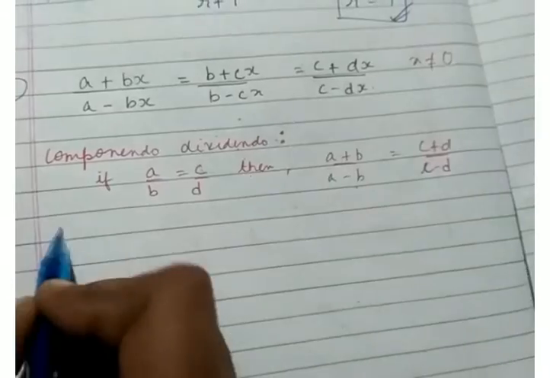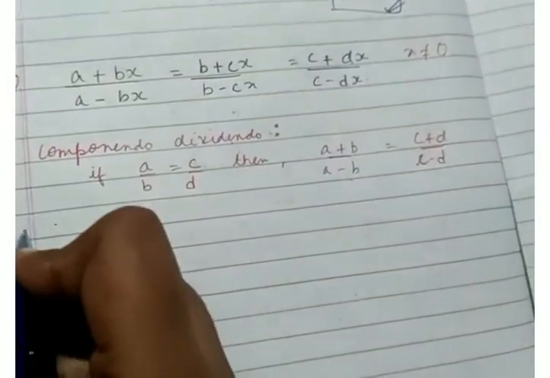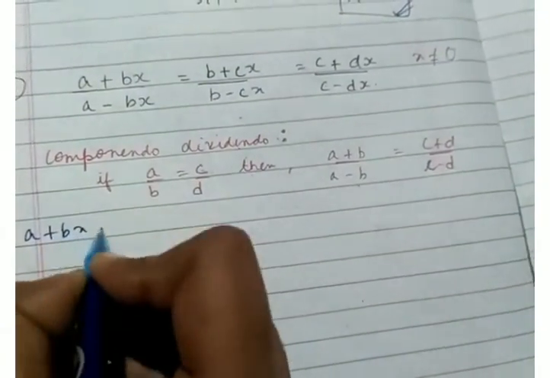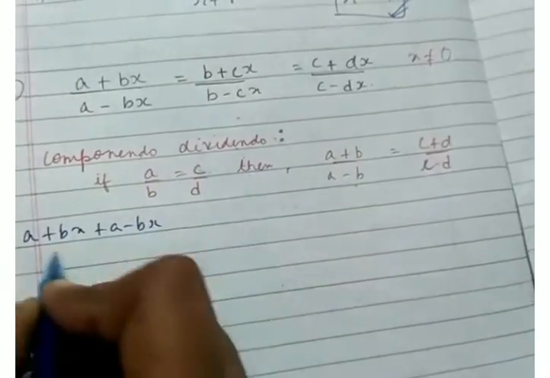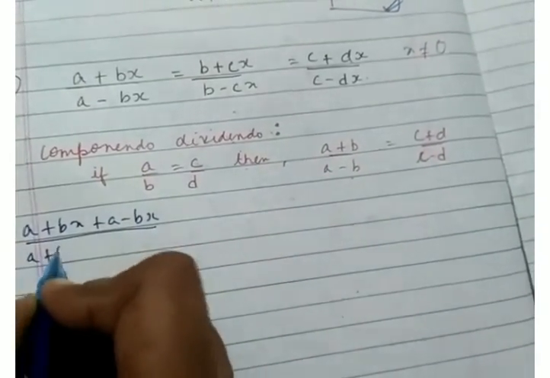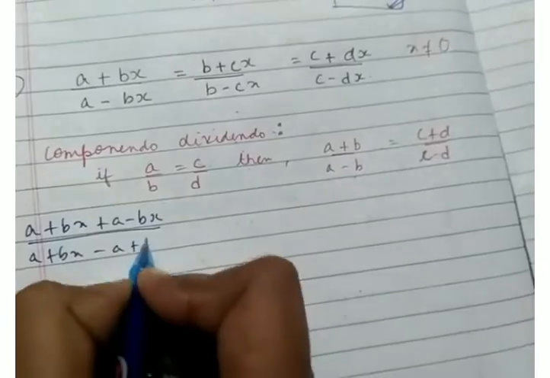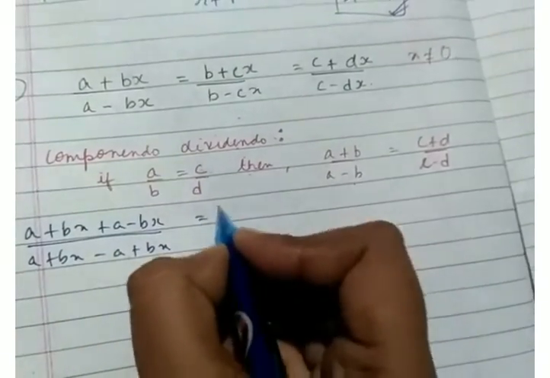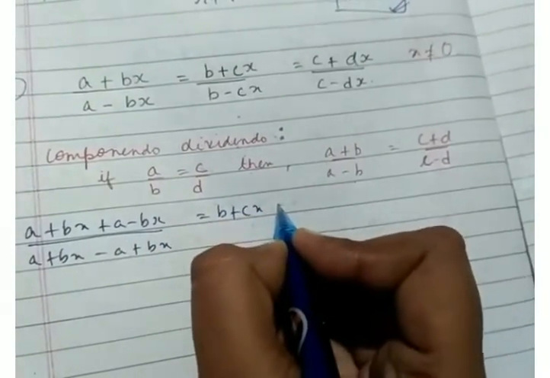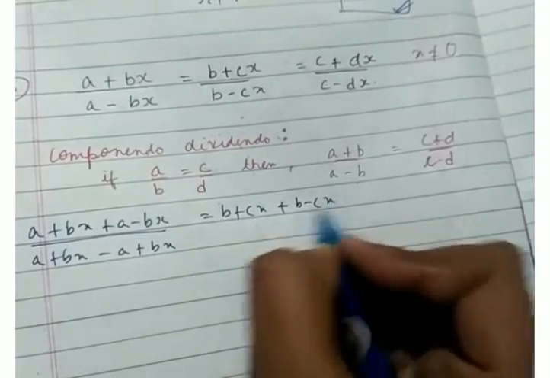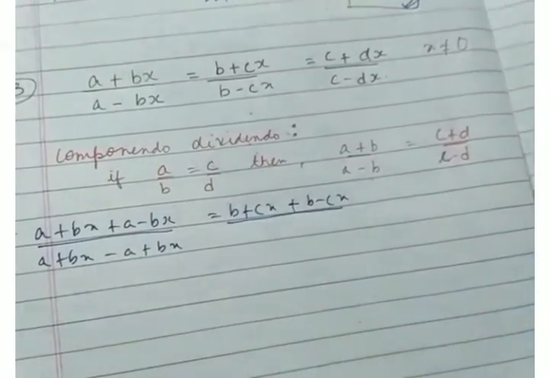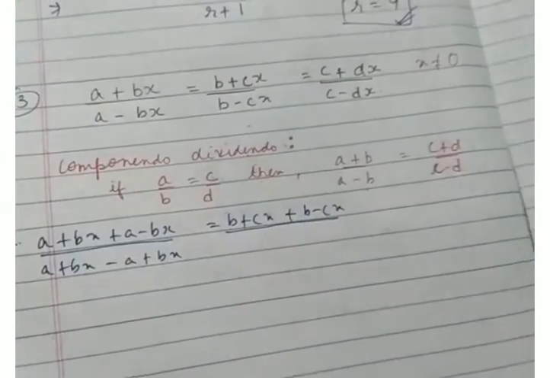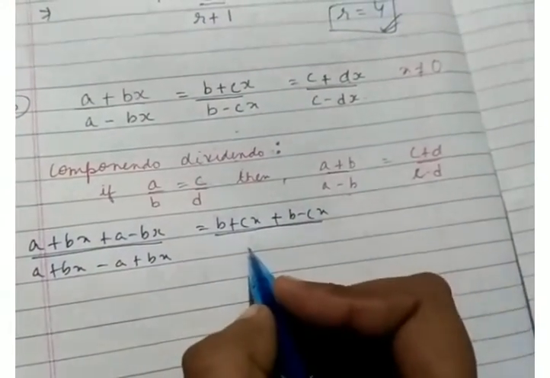So first step, applying componendo and dividendo, we have a plus bx plus a minus bx upon a plus bx minus a plus bx equals b plus cx plus b minus cx. In the numerator we add, and in the denominator we subtract.